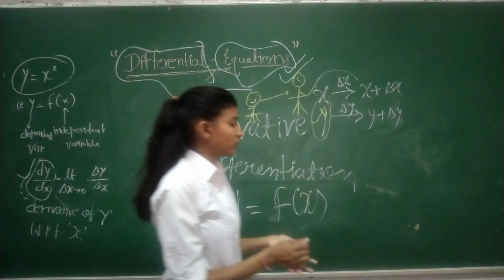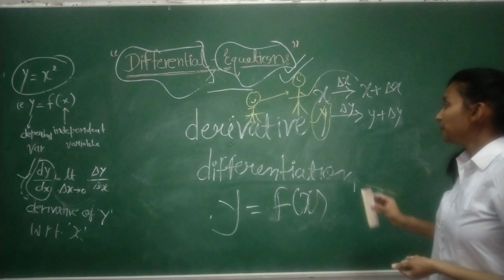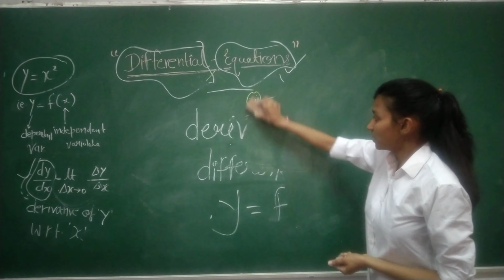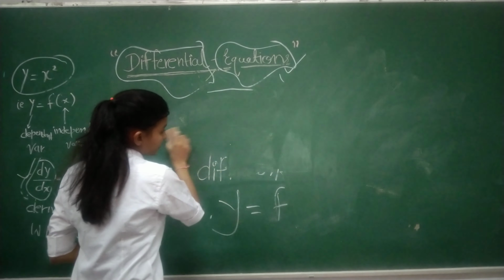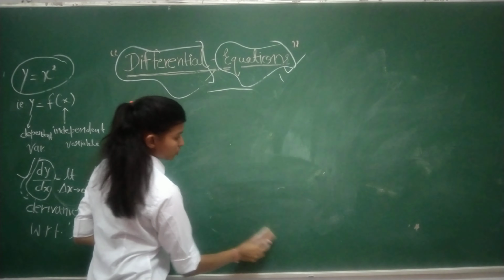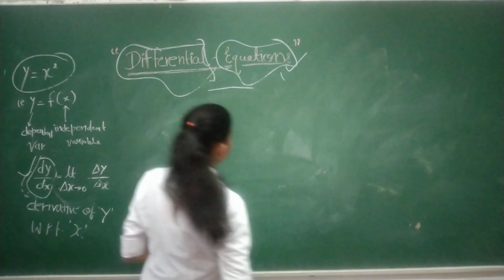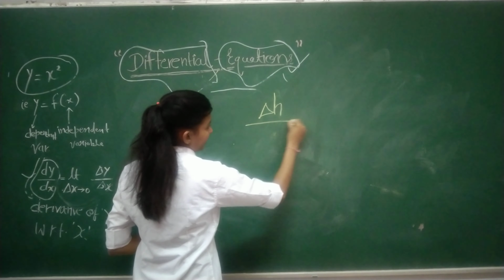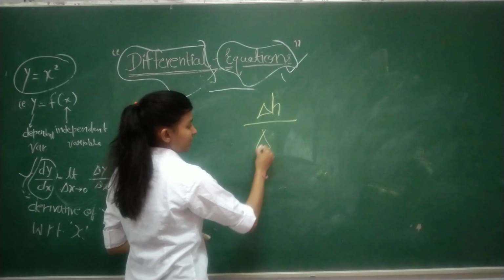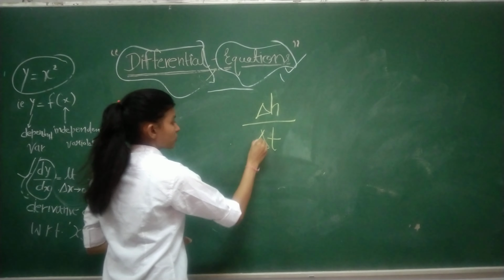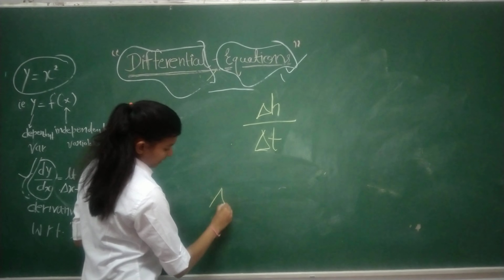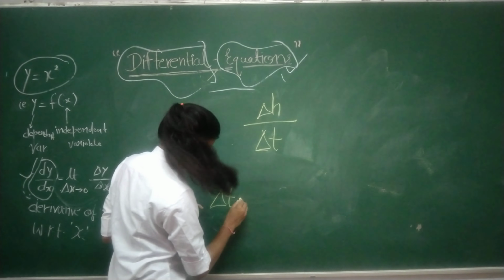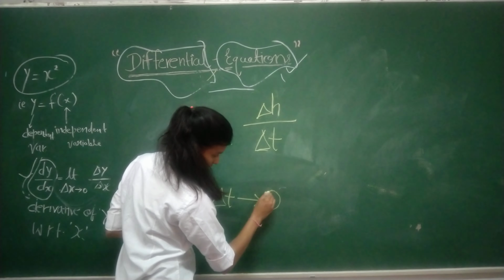But what if you want to analyze how much the height increases per second? So for per second, let us suppose height increases by delta h over the time period delta t. So we want to analyze the changes in height over the minimal time period, that is, delta t tends to 0.